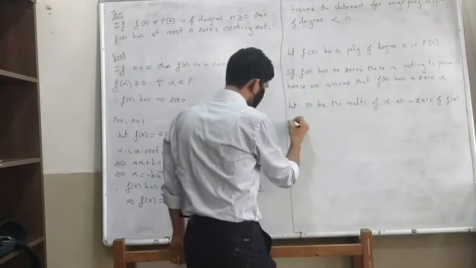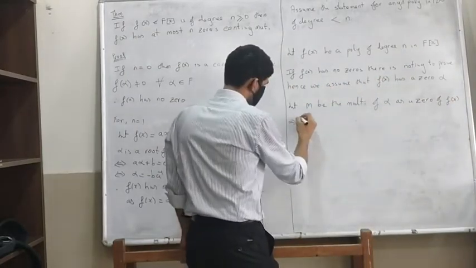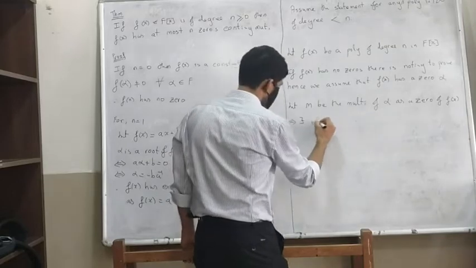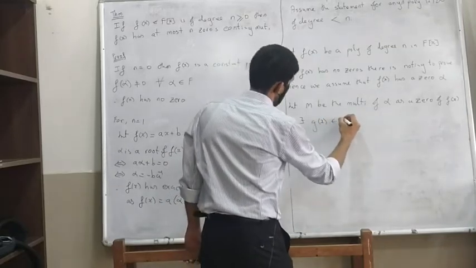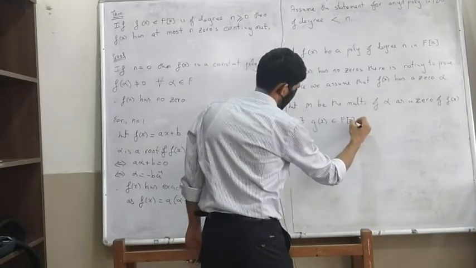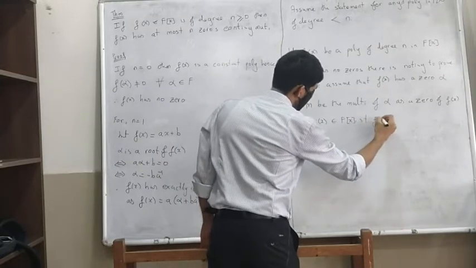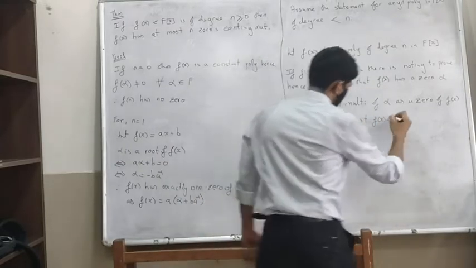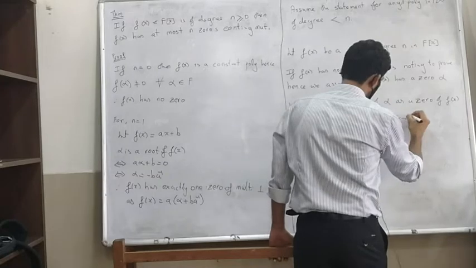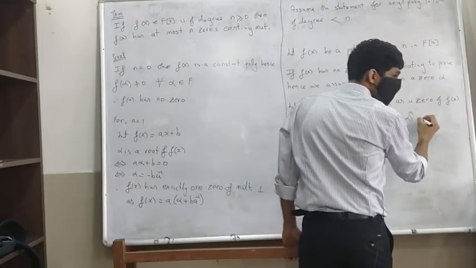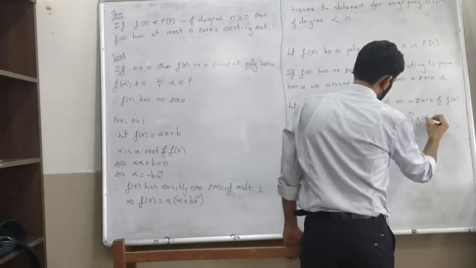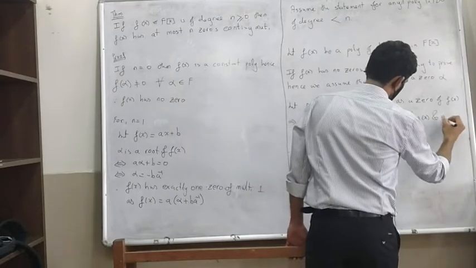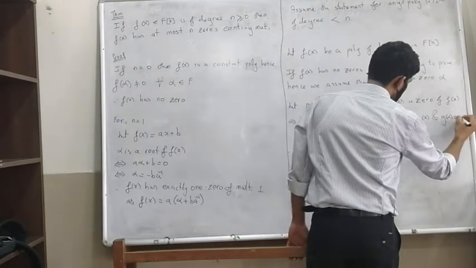What will this mean? This means that you can find some g of x in F[x] such that f of x can be written as (x minus alpha) raised to m times g of x, and g of alpha is non-zero.